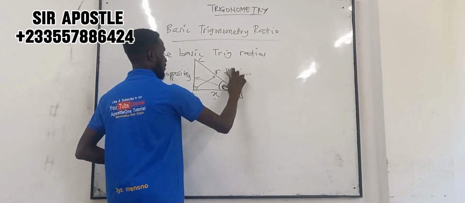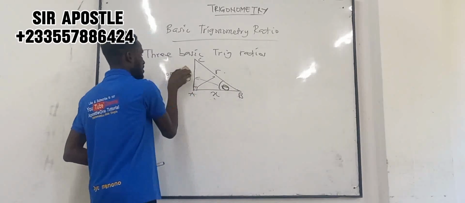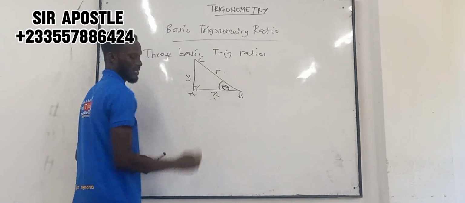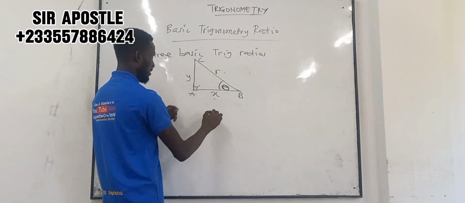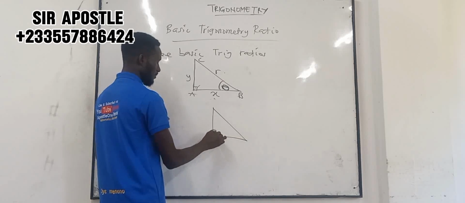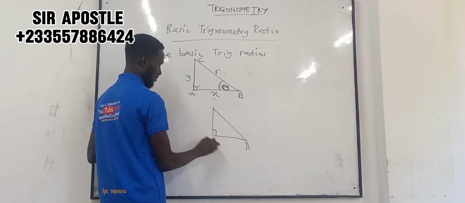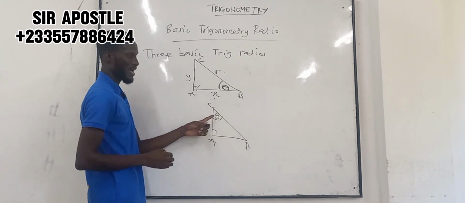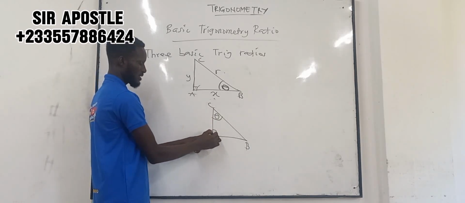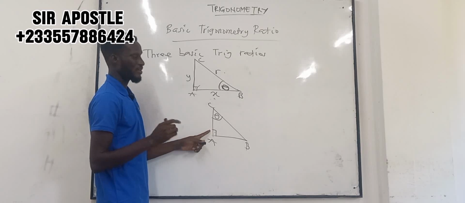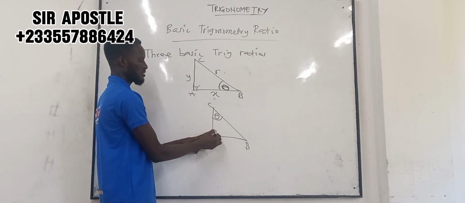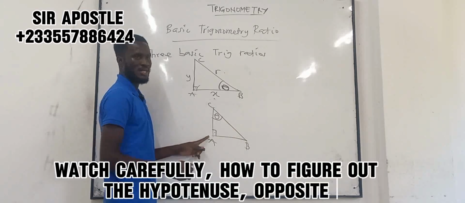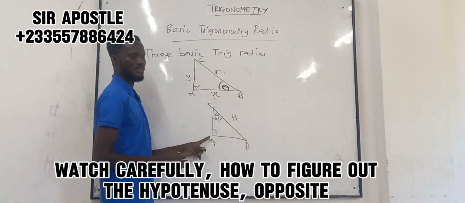Now, when the angle is at C, let's say the angle is here, and 90 degrees is here, identify your 90 degrees first. This 90 degrees is facing this particular side, so here becomes the hypotenuse.